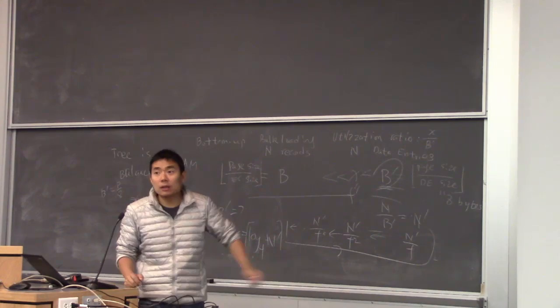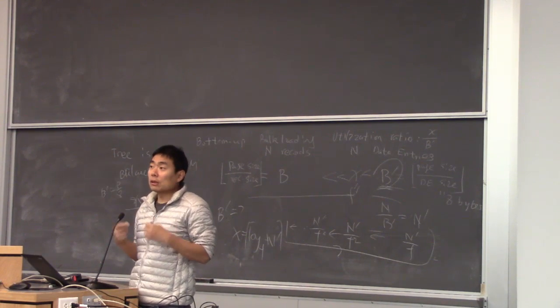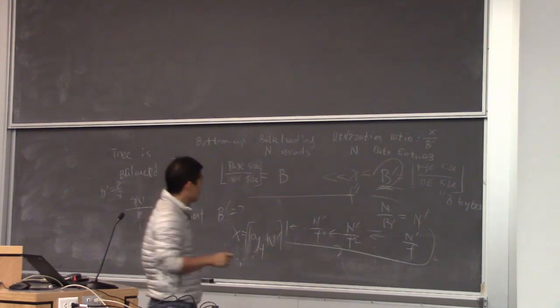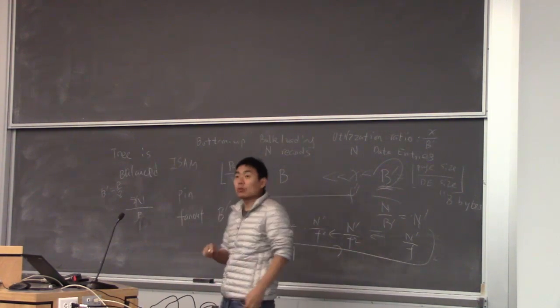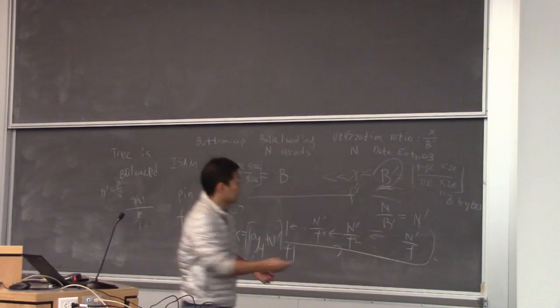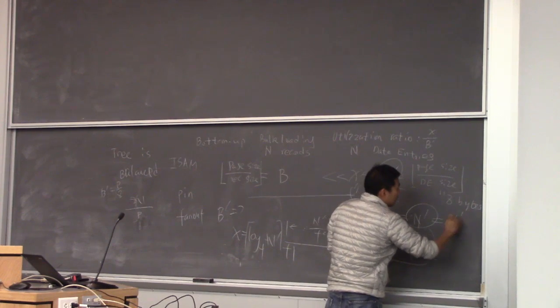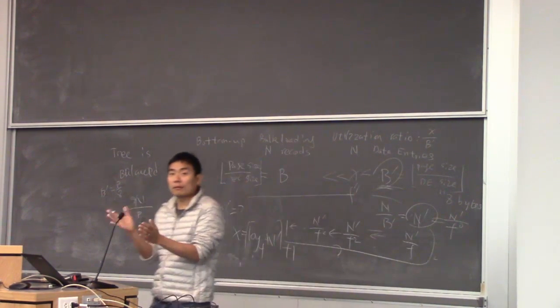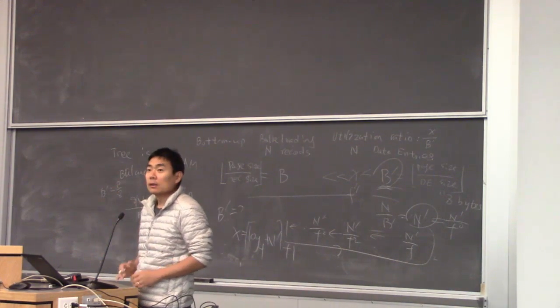However, in this calculation, the height of the tree doesn't include the leaf level itself. So if you want to be precise, you can add 1 to account for this level, which you can view as n prime over f to the power of 0, meaning you start counting the levels from level 0 instead of level 1.